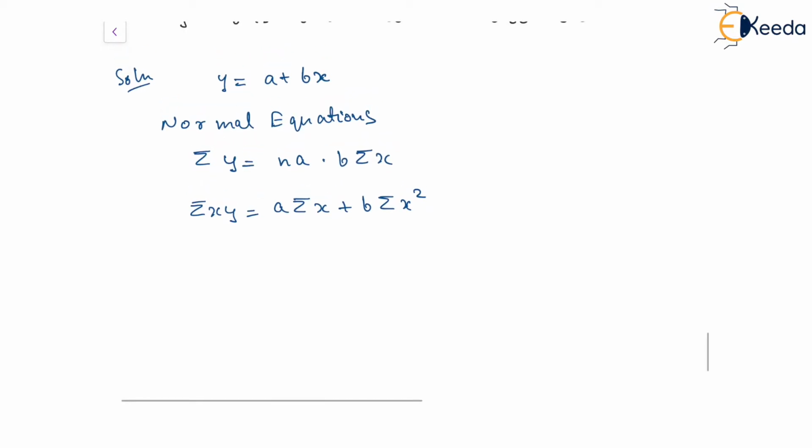So for this we need to find summation of x, summation of xy, summation of x square, and summation of y.